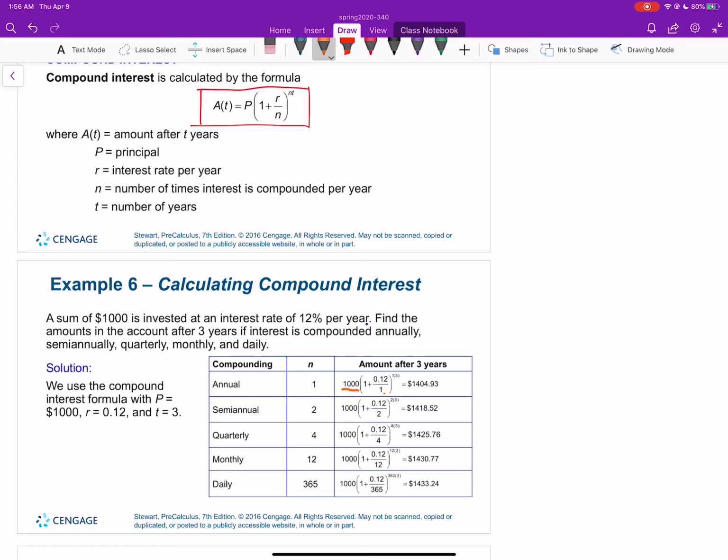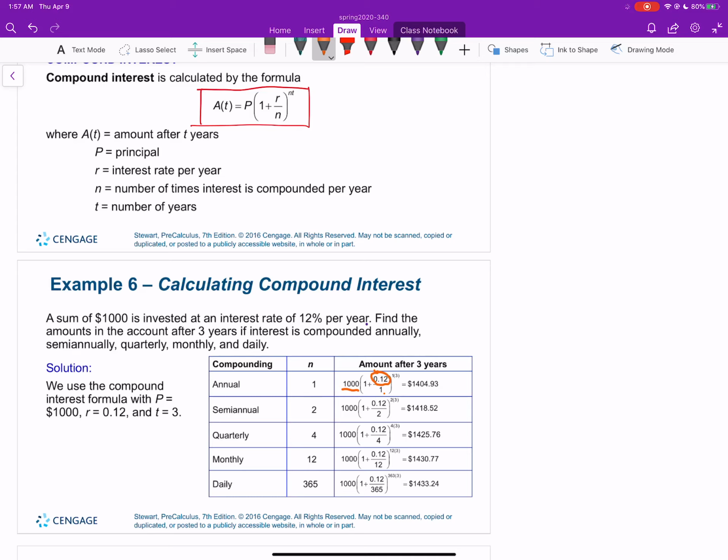If you're going to do it quarterly, you're dividing by 4. So it becomes R divided by 4. And since it's quarterly, you're doing it for 3 years, that means you're going to be compounding quarterly 12 times at the end of the 3 years. Note that the interest rate is represented as a decimal number.